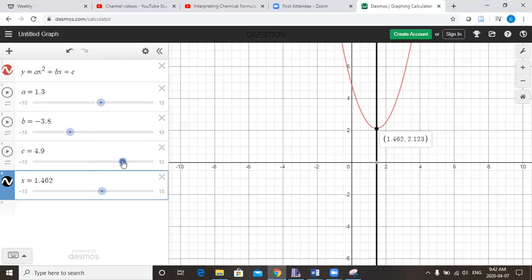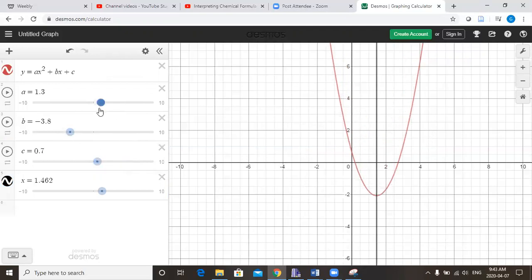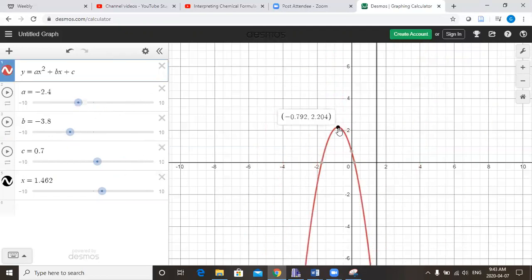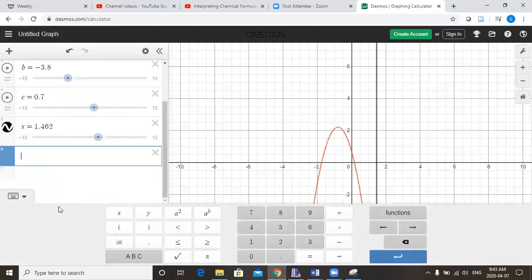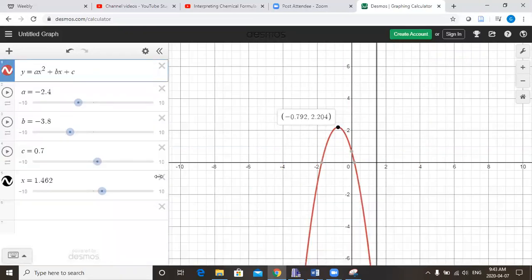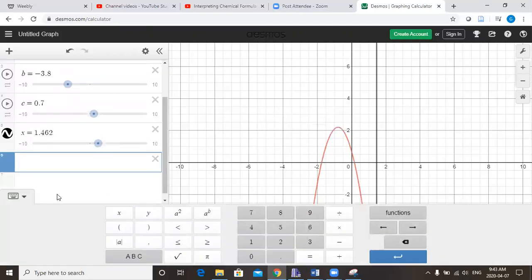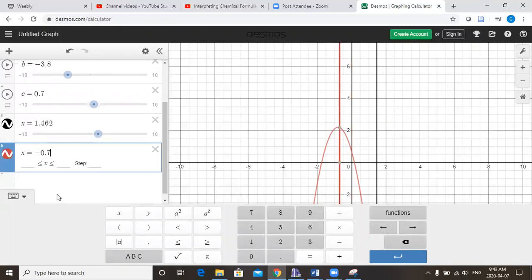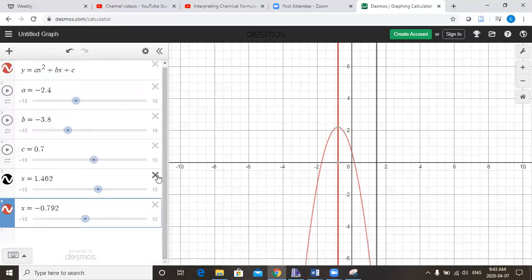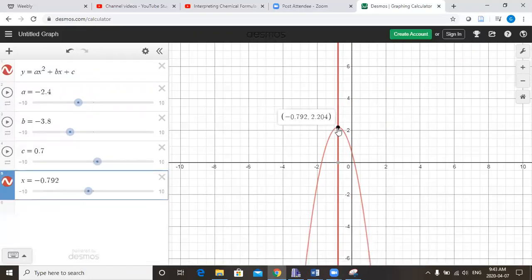For example, if we flip it like that, the axis of symmetry is now on the left side, so x equals negative 0.792, and you can see that it cuts through the vertex.